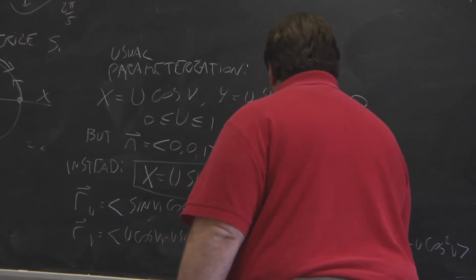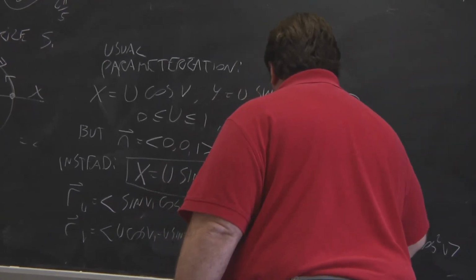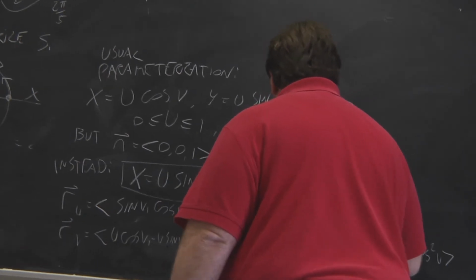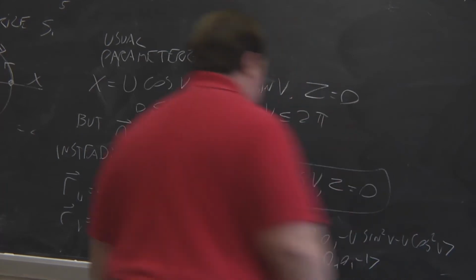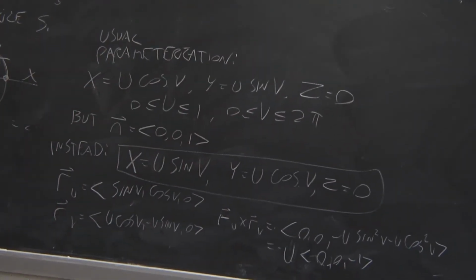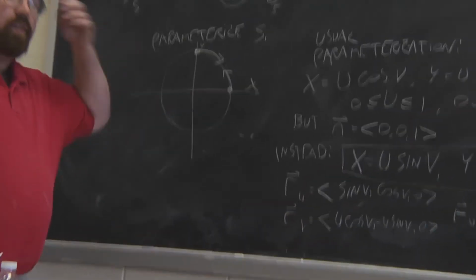So that's going to be minus u times 0, 0, 1, so it is pointing downward.